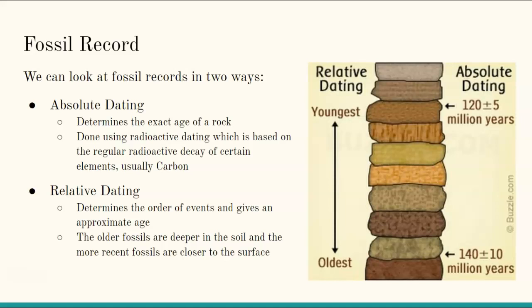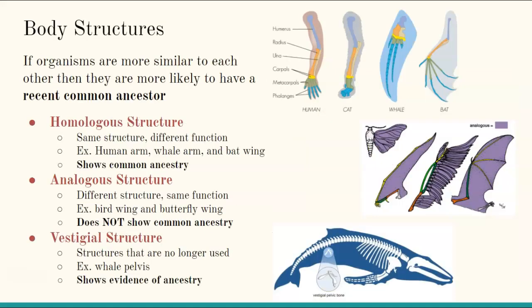I can't tell you all those specifics, but I can give you a general range of time that these fossils existed. Okay, we're going to talk a lot more about absolute dating in class because that's more reliable, right? That's a better way to look at fossils, but I just want to give you a general sense of the differences. Let's get into body structures now.